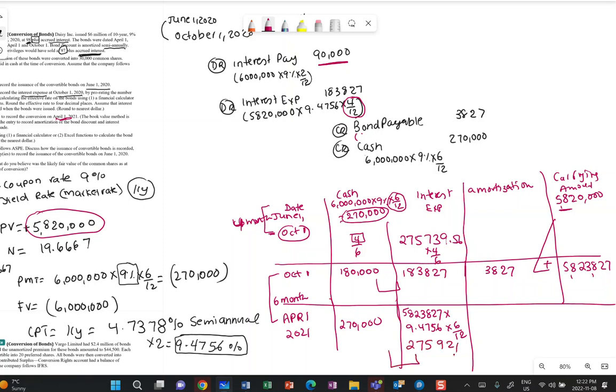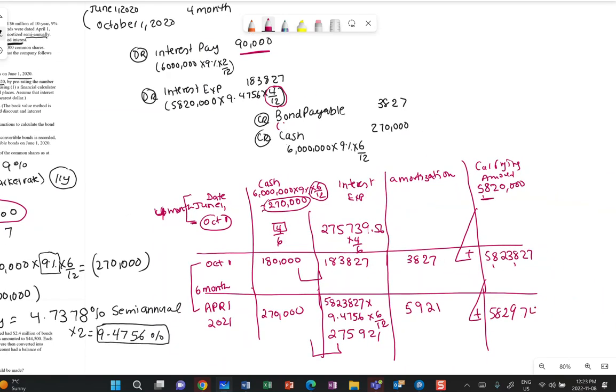I take the difference between those two, that's the amortization, which will be 5,921, and then I add it because I'm increasing my carrying value, and that will be 58,29,748. So that's the carrying value on April 1st.